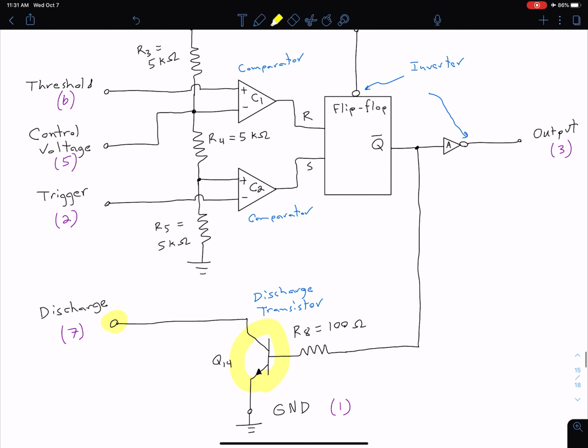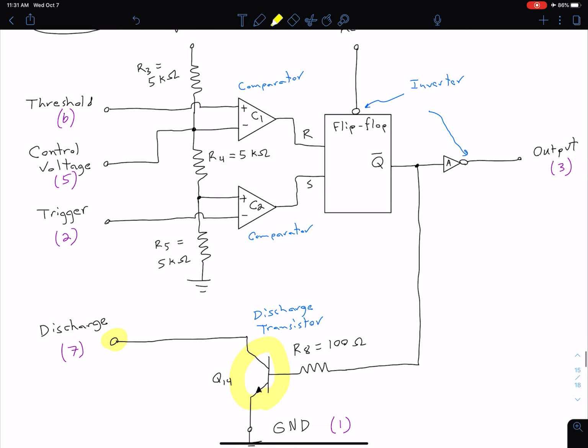Getting ahead of ourselves a little bit, if we use the voltage across that capacitor and connect it back to our trigger and threshold inputs, then as it charges up, it meets criteria for the comparators to switch their output states, which turns on the discharge transistor and discharges the capacitor. Once it gets low enough, our transistor turns off, and we are again charging up our capacitor.